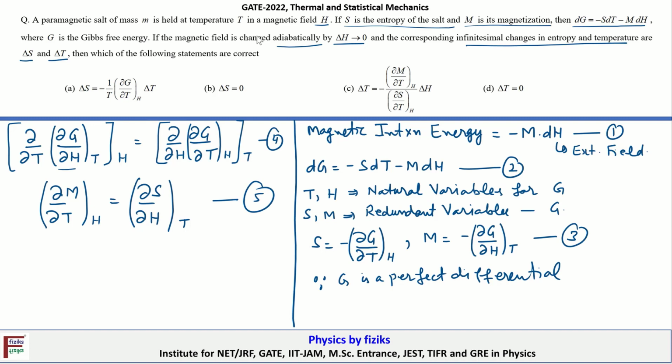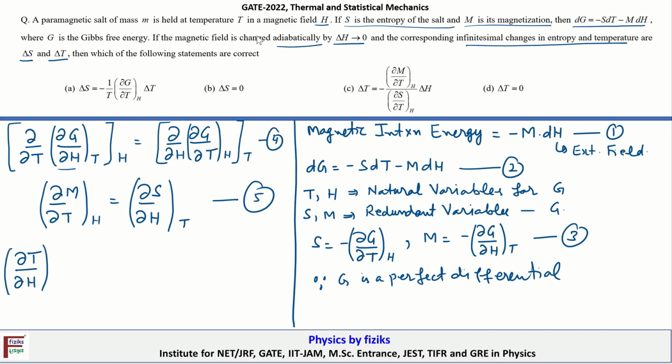Now I can write the change in temperature with change in magnetic field, (∂T/∂H) keeping entropy constant, because that's what is given in the problem: the magnetic field is changed adiabatically.